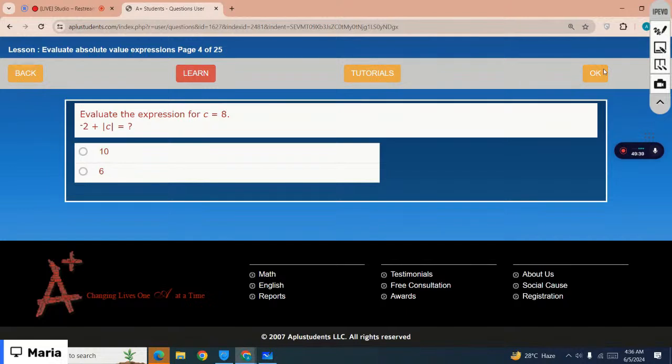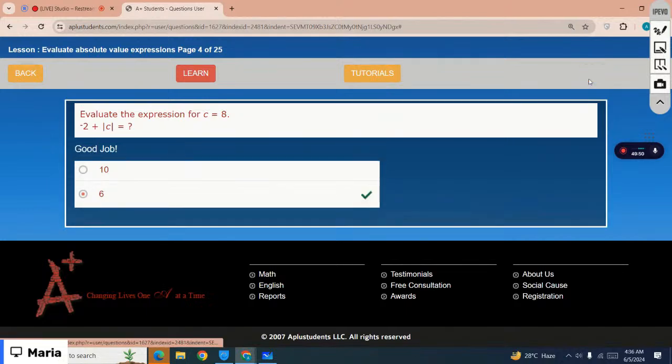Yes, that is 8 minus 2 is 6. The correct option is, no, you have to do 8 minus 2, which is 6. Option number 2 is the correct option. 6 it is.